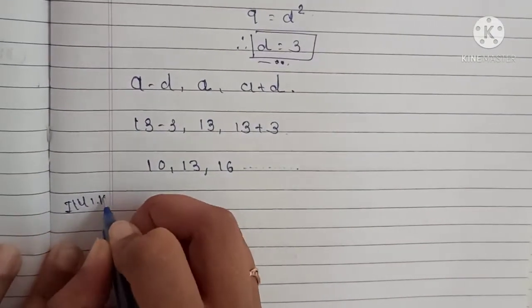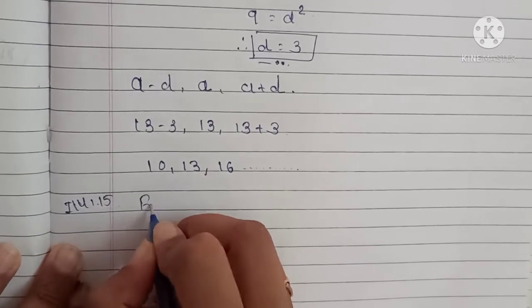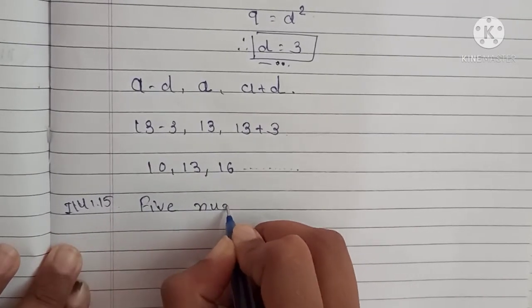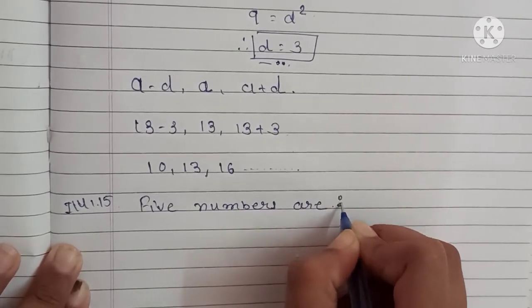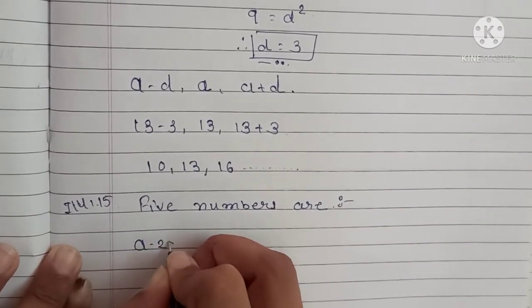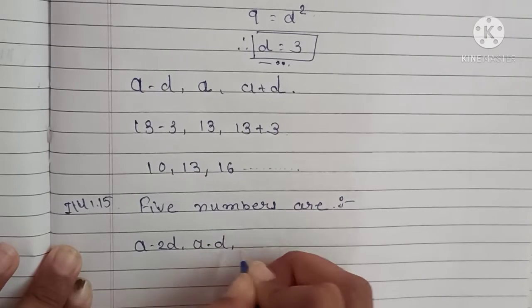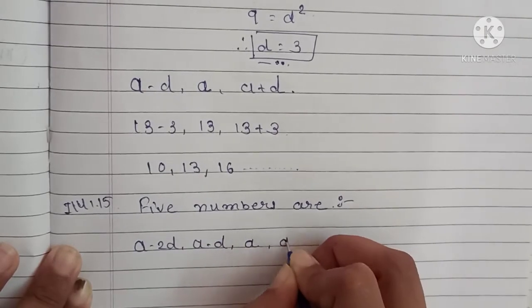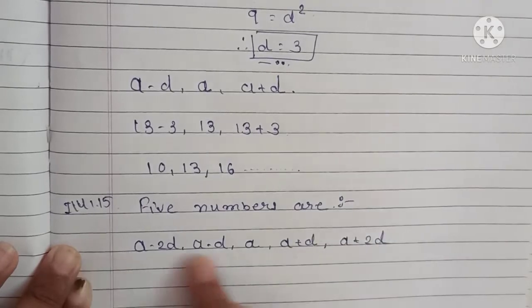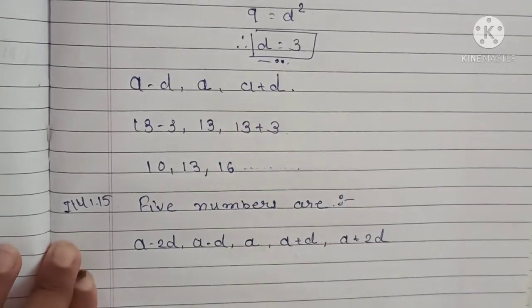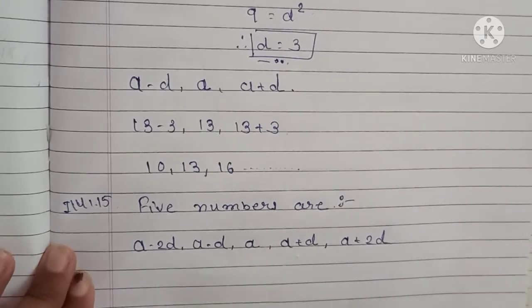Illustration number 15. 5 numbers are a minus 2d, a minus d, a, a plus d, and a plus 2d. These 5 numbers are there and we have to add, and the sum of these 5 numbers is 50.